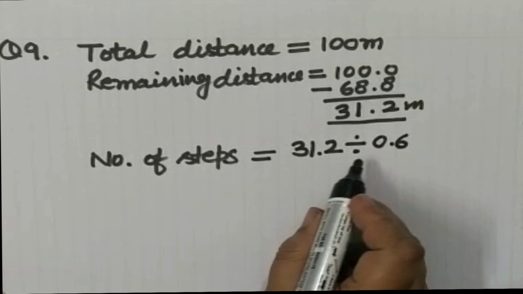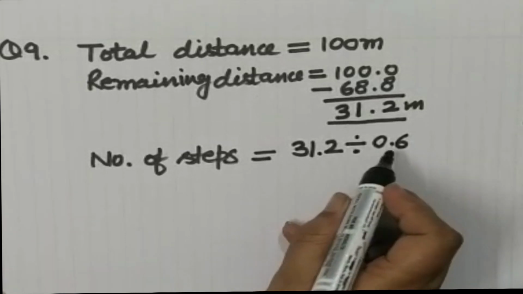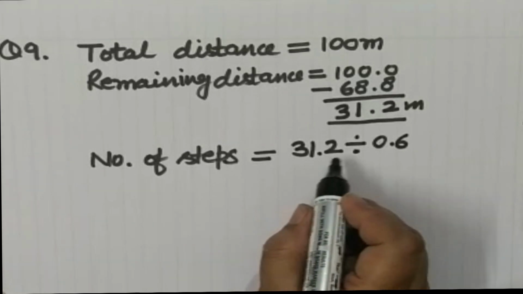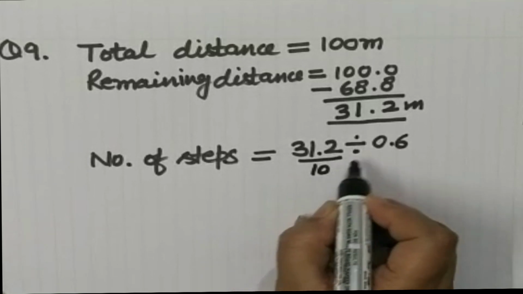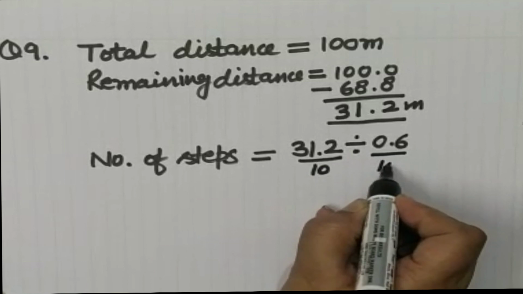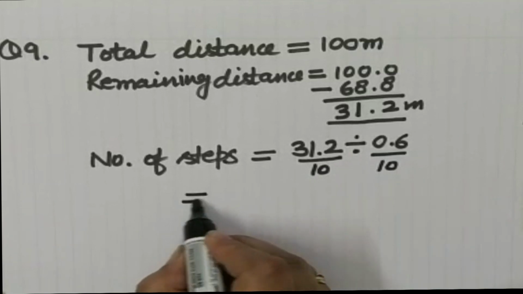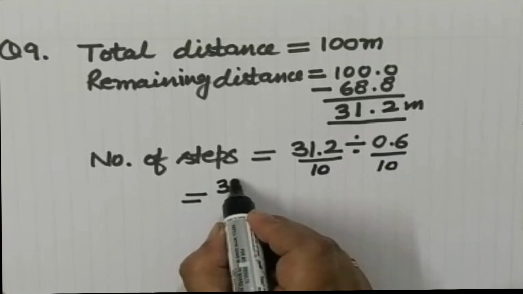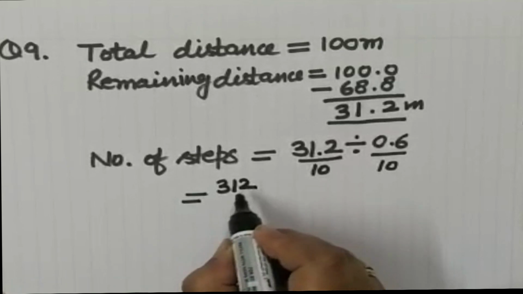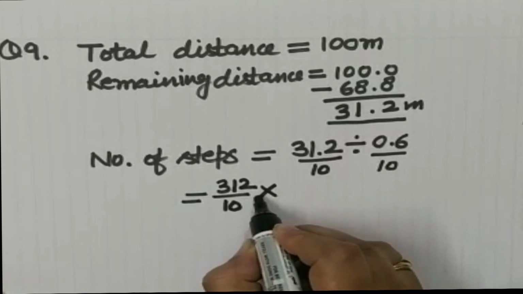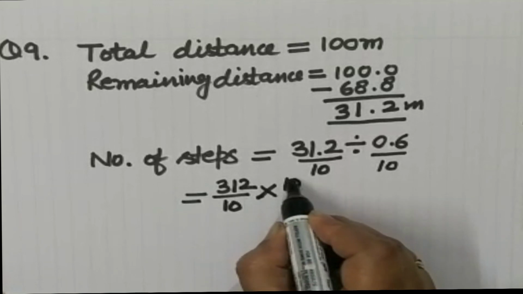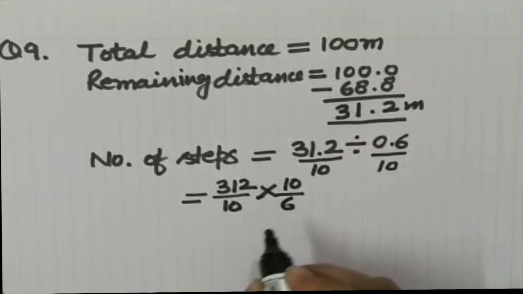Here there are decimal numbers. First we remove the decimals, so we convert into fractions. Here is 1 digit, so 10, 1 digit, so 10. So 312 upon 10, convert division into multiplication and take the reciprocal of the second fraction.